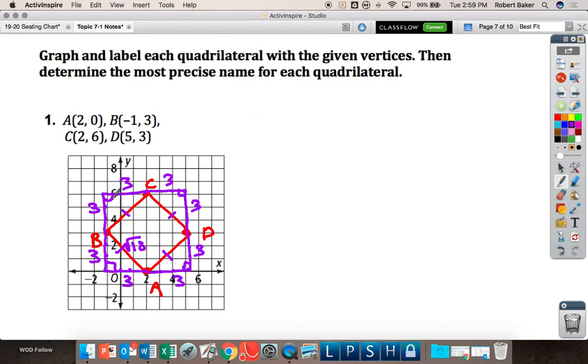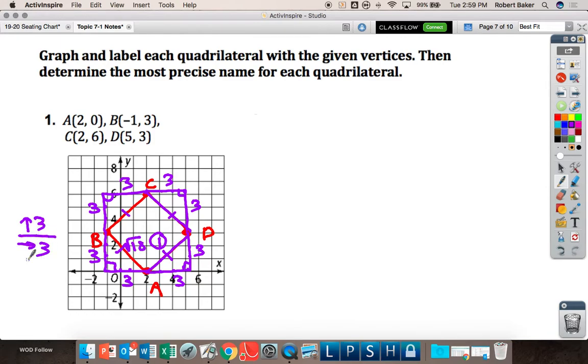What's the one part that we're missing? The angles. Right angles. They will only be right angles if this slope is perpendicular to this slope. 1, 2, 3. That's up 3 over 3. That means the slope of this line is 1. What's 3 divided by 3?